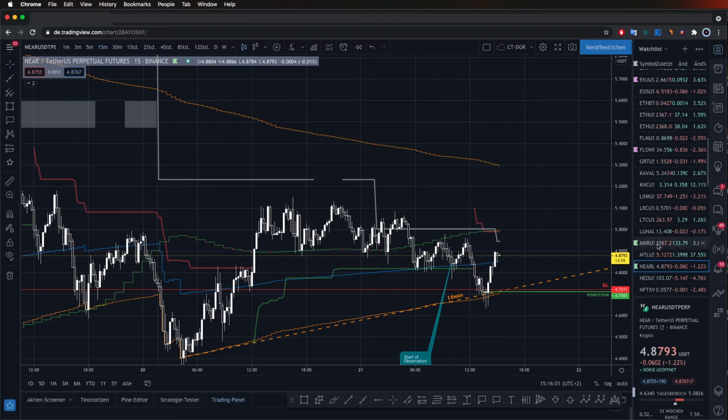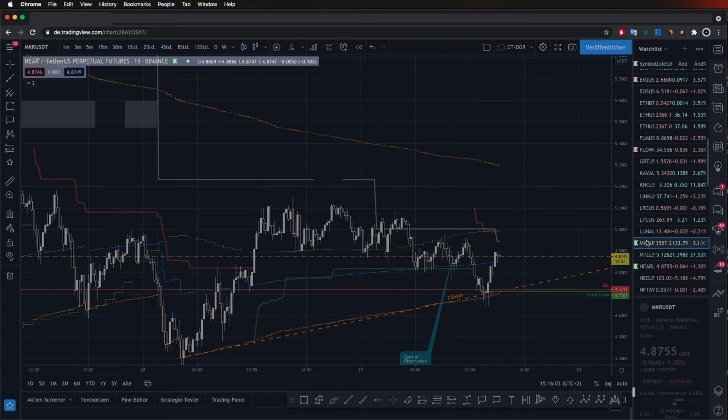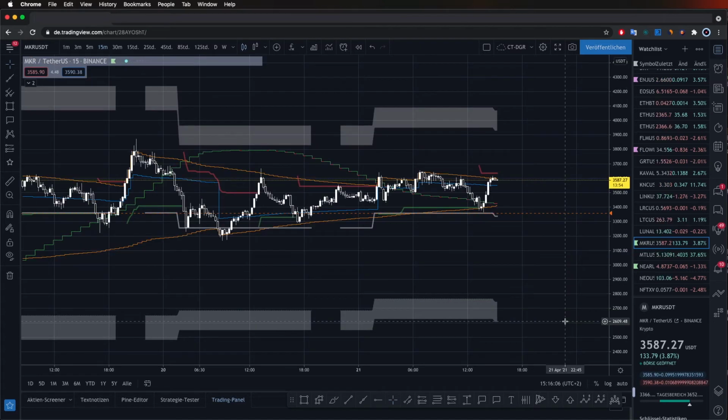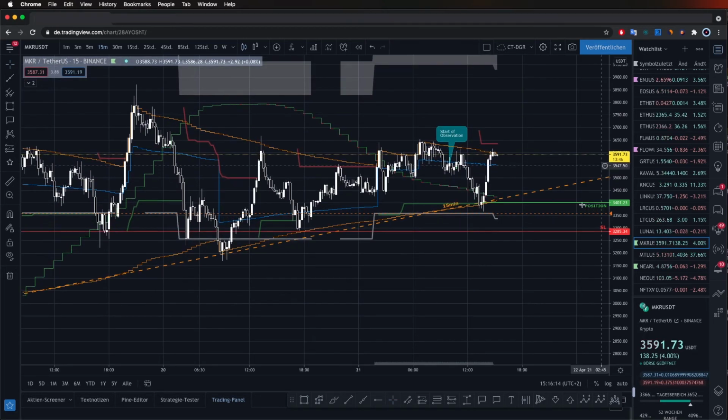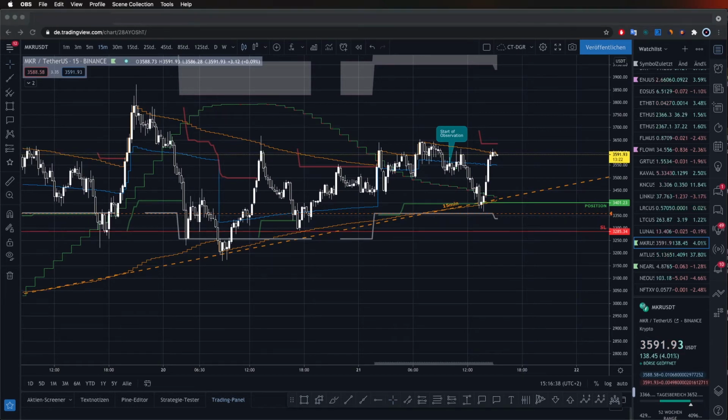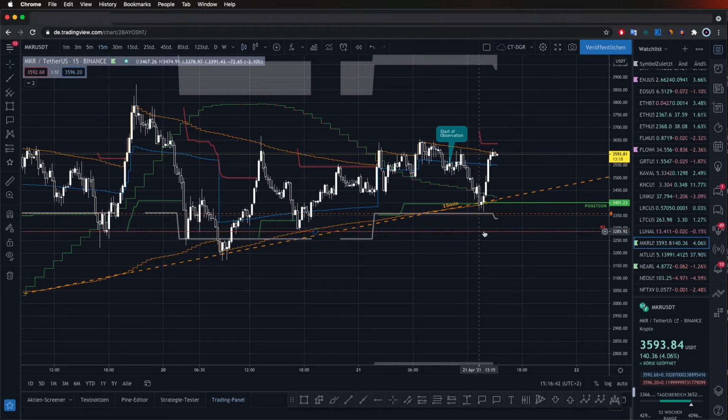And the other one, let's just have a quick look. Also looks good. Here my stop loss was also set a little low to give it space.